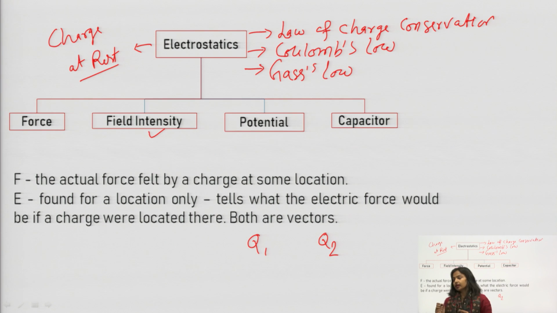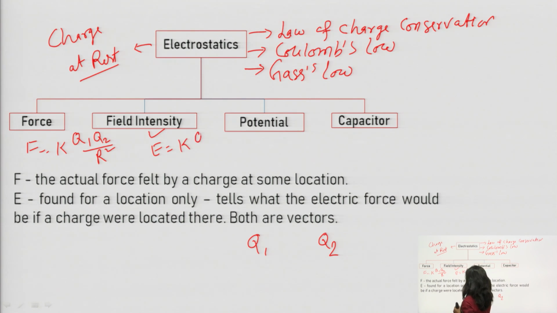Mathematically, force is equal to K Q1 Q2 by R square, because force is always experienced between two charges, where R is the distance between charges Q1 and Q2. However, field intensity E can be written as K Q by R square.